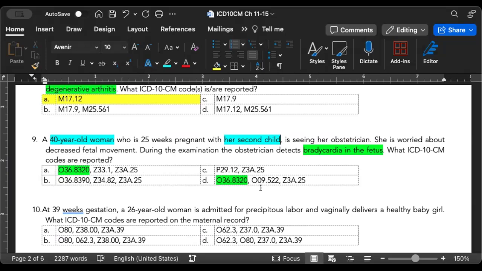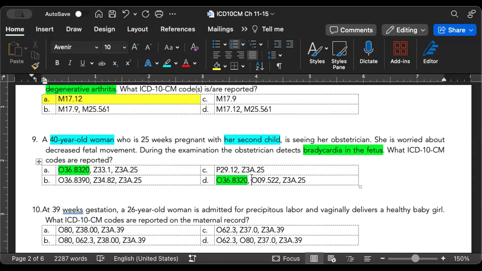So that's going to give us O09.52. Let's go back to O09.52. And then again, the difference between our 6th characters, 1, 2, 3, and 9, is going to be our trimester. So we've already figured out that 25 weeks is our second trimester.